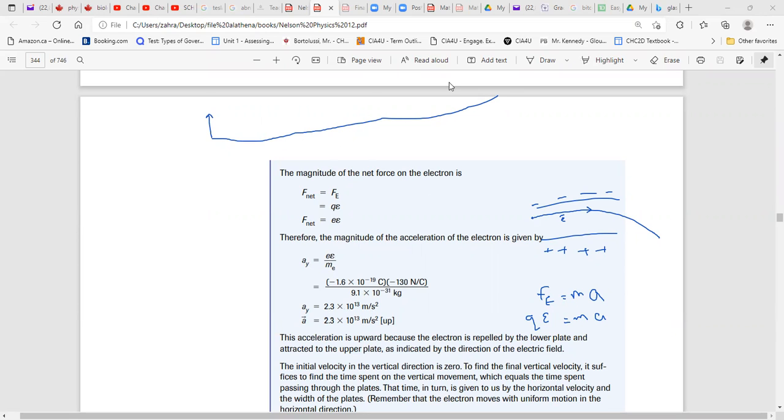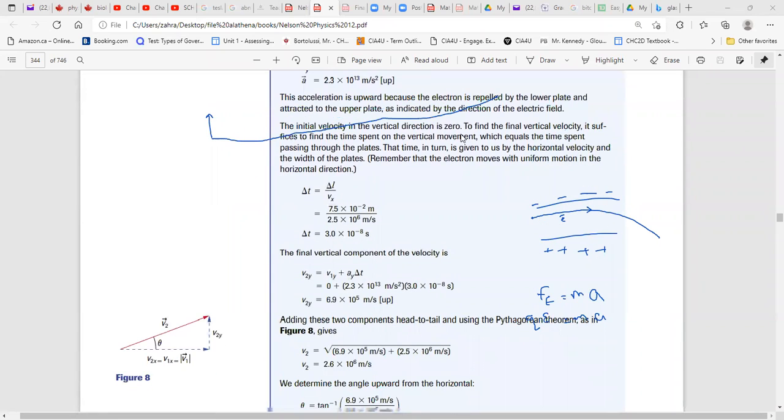The initial velocity in the y direction is 0, right? The initial velocity in the y direction is 0. We have v in the x direction. V in the x direction is always constant and is given to us.